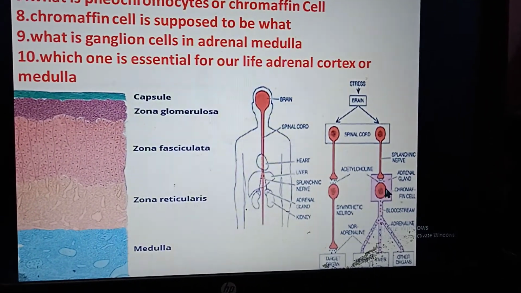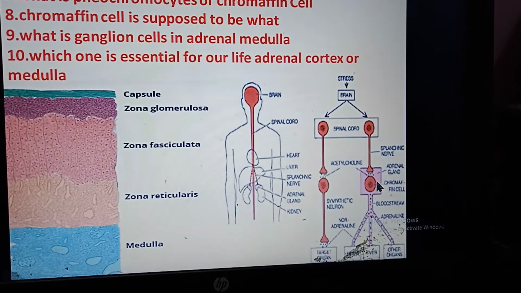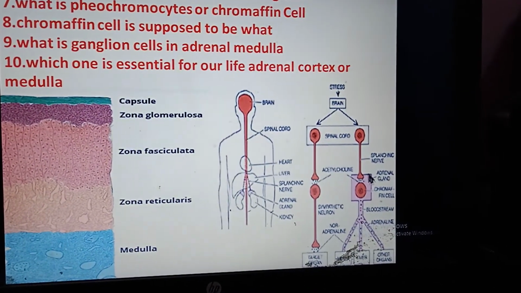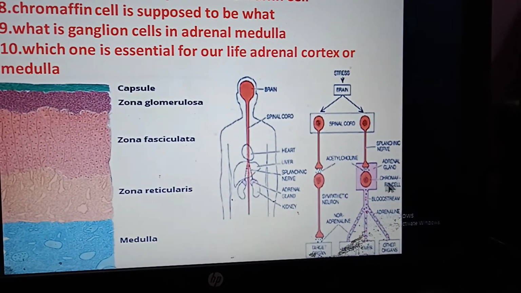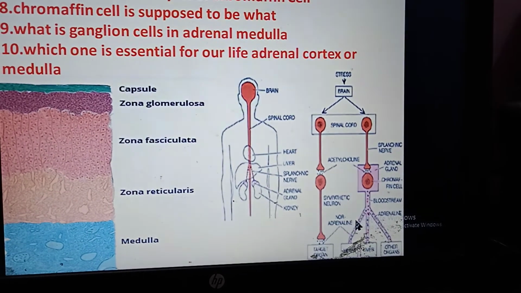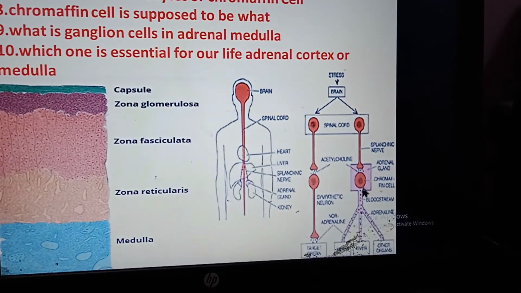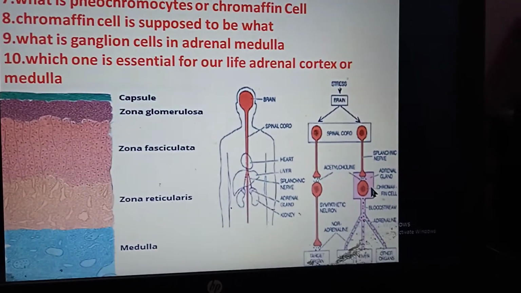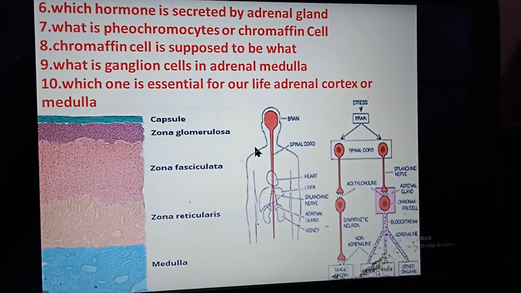So here this is the body of the postganglionic neuron. This is preganglionic and this is postganglionic, which is known as chromaffin cell, which has lost its axons and dendrons. Okay, it has lost only this much. The body or soma is retained for lifelong, which is known as chromaffin cell.